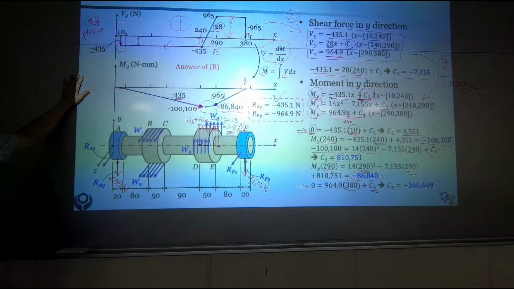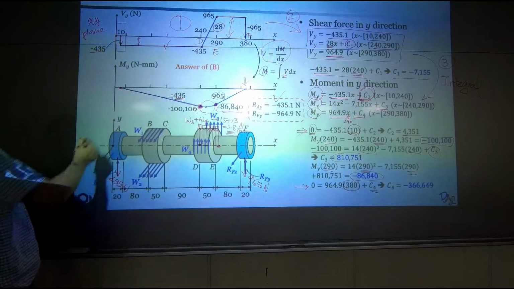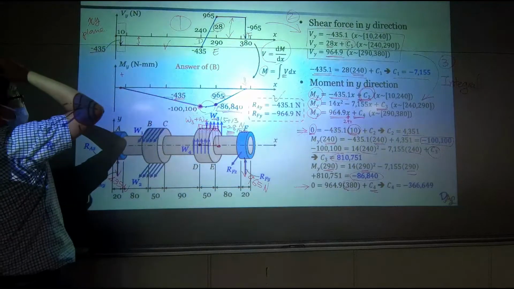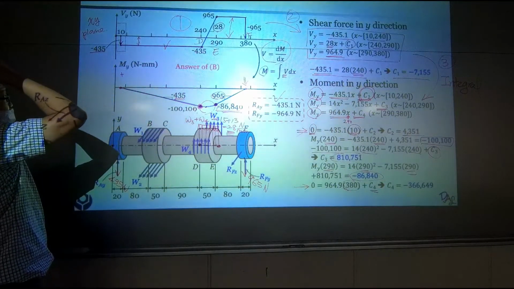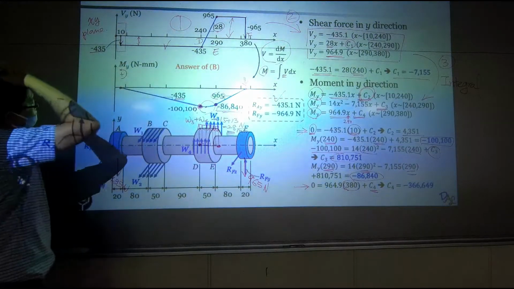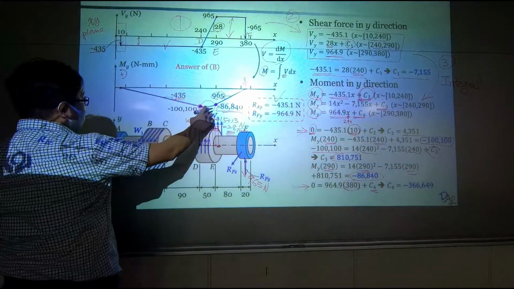If you analyze in this way, you are treating supposedly positive bending moment as representing supposedly right-hand rule going this way. So since this is negative, it's going this way.